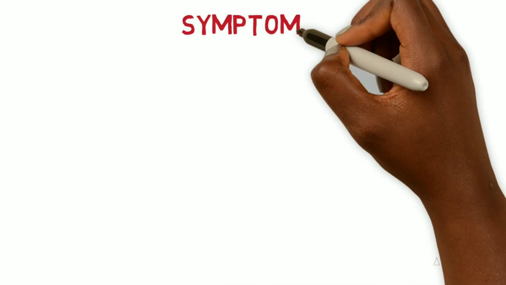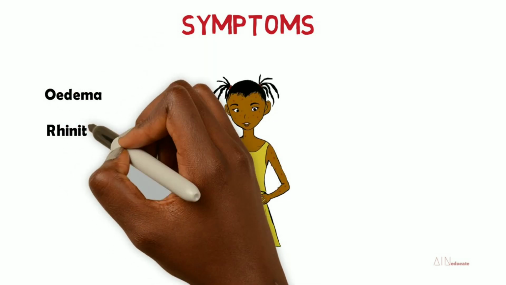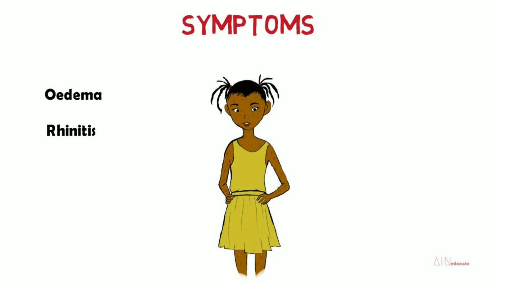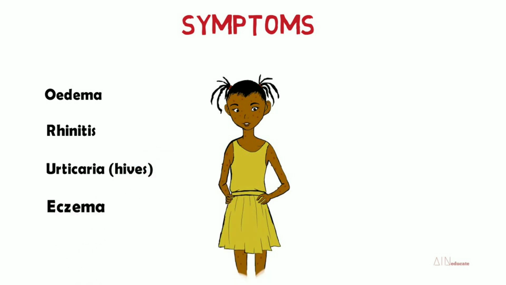Under conditions of lower antigenic doses and milder immune responses in type 1 hypersensitivity, symptoms like edema, allergic rhinitis, which is an inflammation of the nasal area, hives or urticaria, eczema, and mild asthma may be seen.